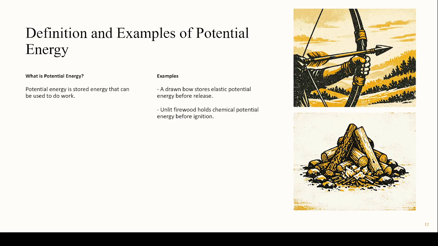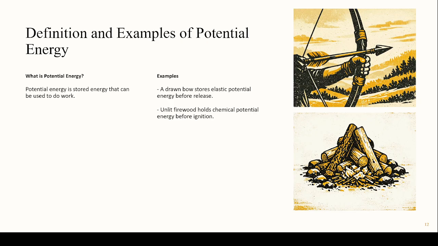Okay. Then you can see unlit firewood also holds a kind of potential energy. Burning is a chemical reaction, so it's called chemical potential energy. And when you burn it, this energy will be released in various forms like heat. When you burn wood, heat comes, right?